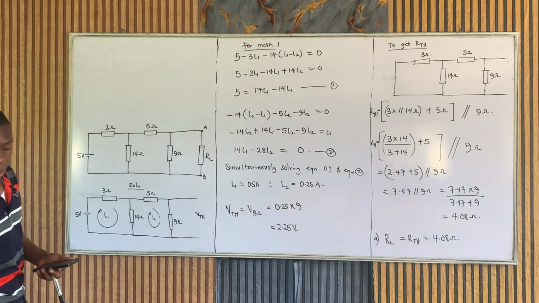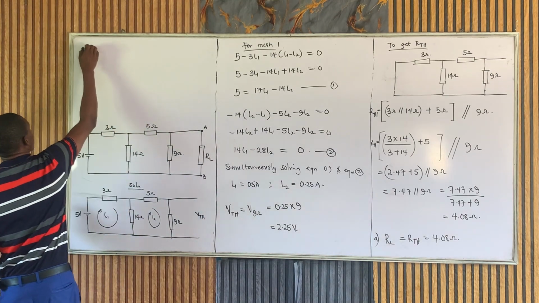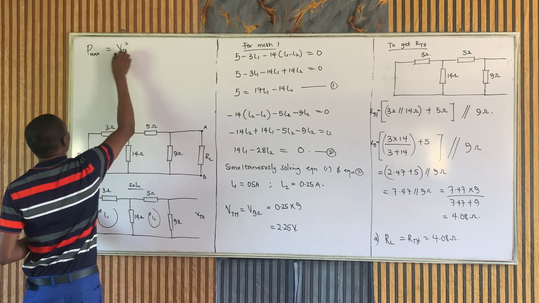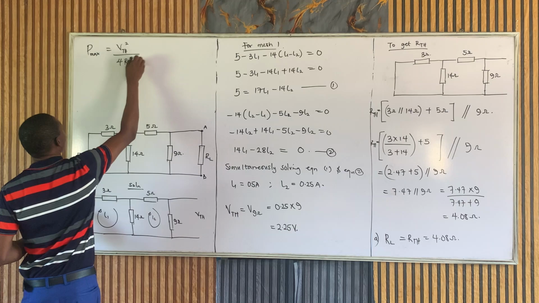So from our formula, P max is VTH squared over 4RL.